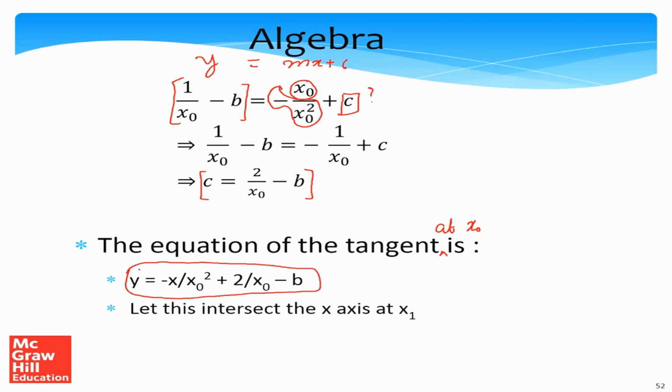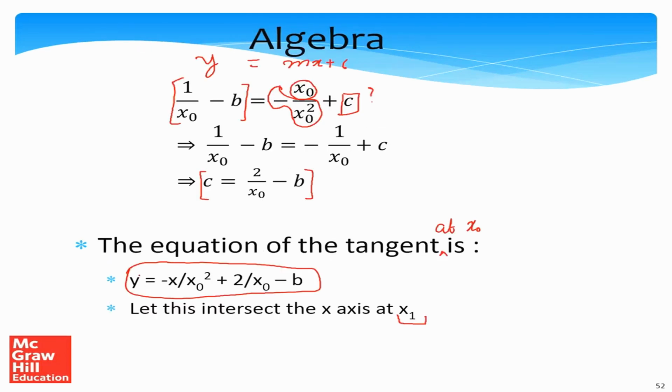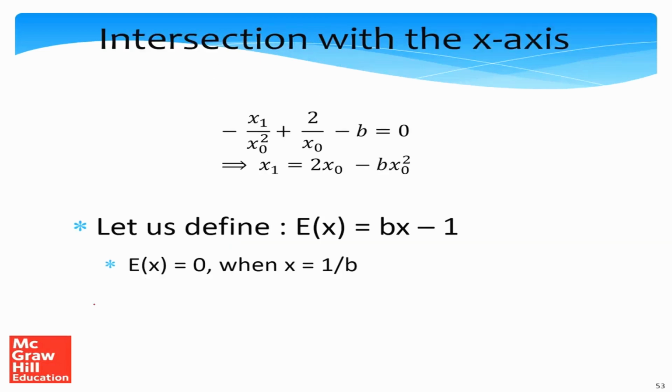So let this tangent line intersect the x-axis at point x1. We need to find this point x1. What we know is that when it intersects the x-axis, y is equal to 0. So 0 needs to be mx + c.